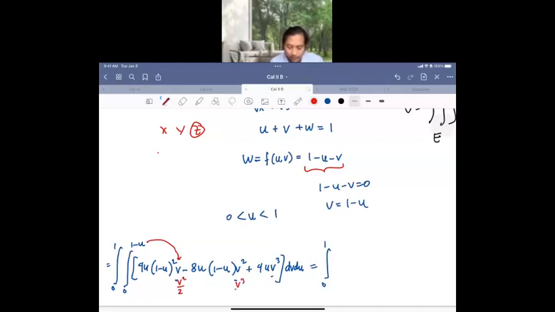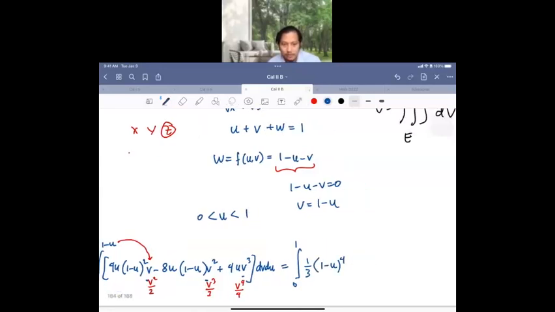This becomes v cubed over 3. This becomes v to the fourth over 4. And we have (1 minus u)⁴ minus (1 minus u)⁵, and then du.